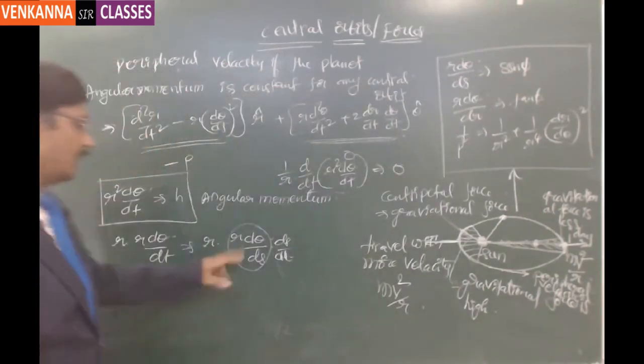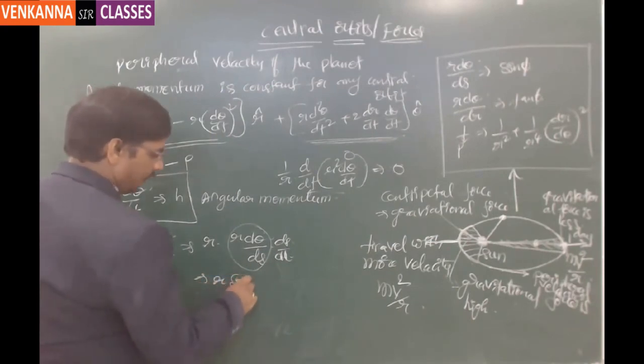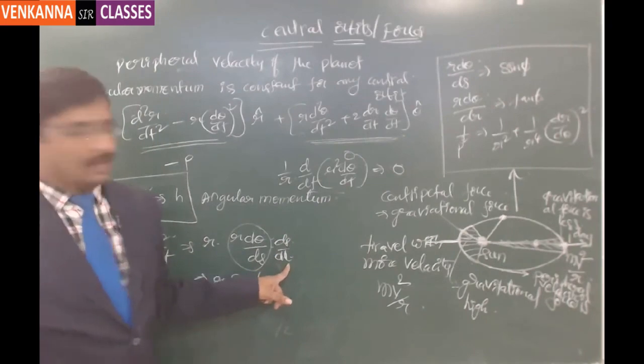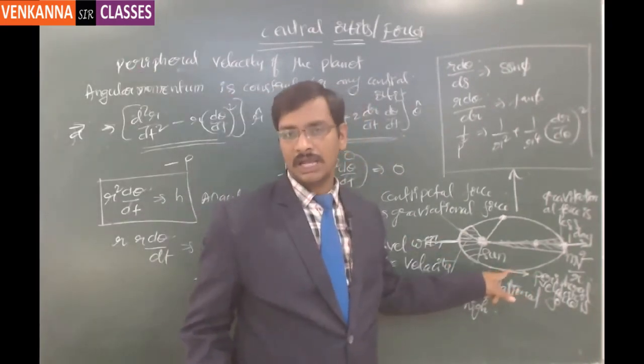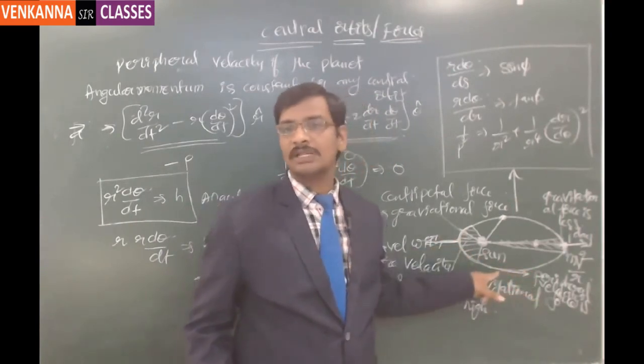So this value I can replace as r into sine phi into ds by dt, which is nothing but the rate of arc coverage within a time t. That means the rate of change of arc length is nothing but the peripheral velocity.